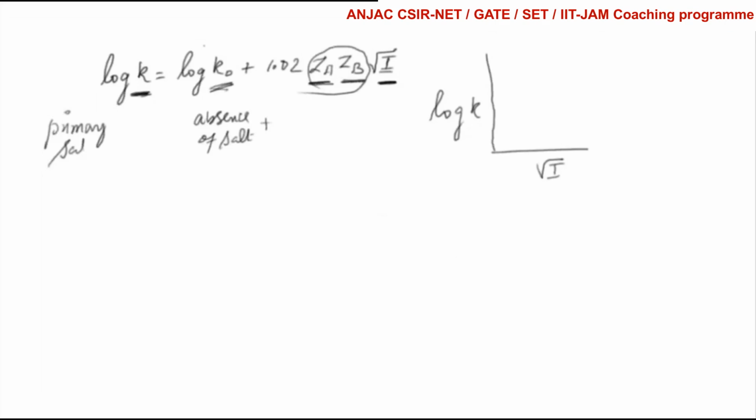You will get a straight line, of the form y equals c plus m x, where x is root I. What is the slope of the line? The slope of the line, m, depends upon the charges over the ions A and B.